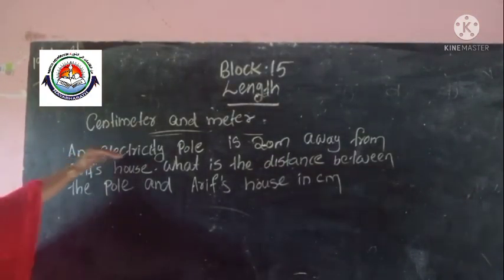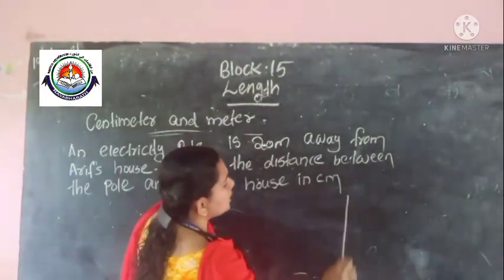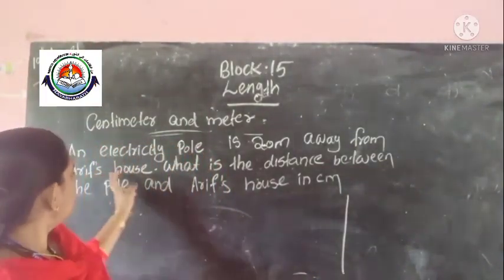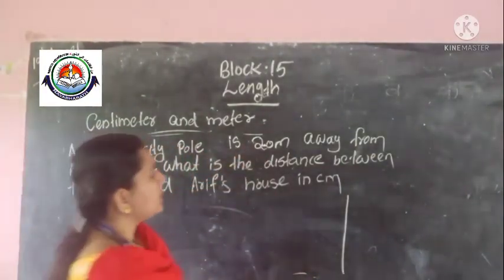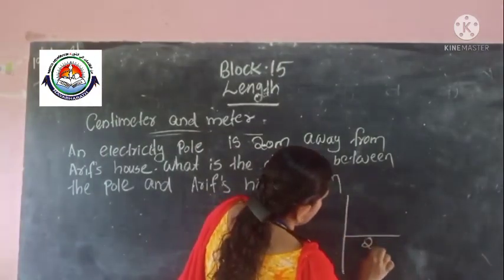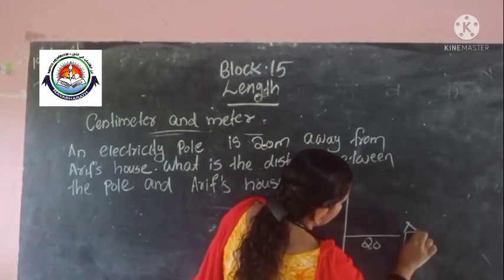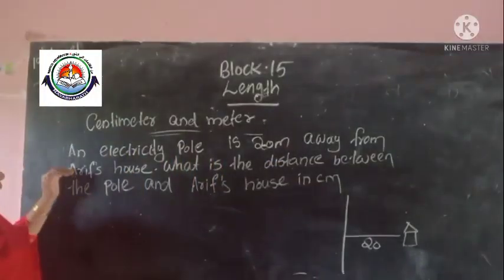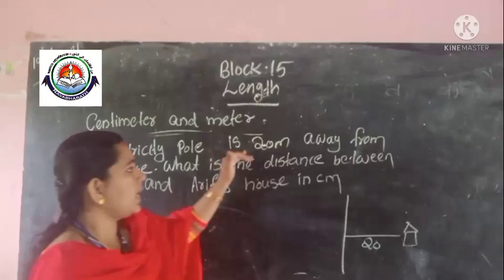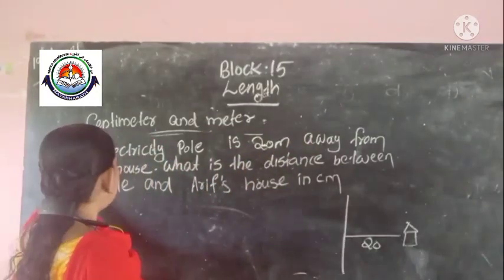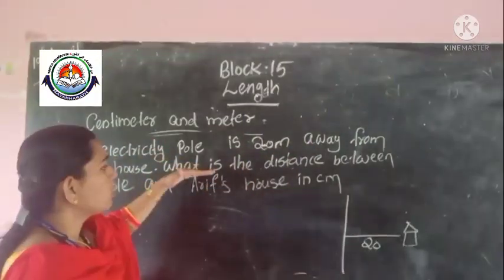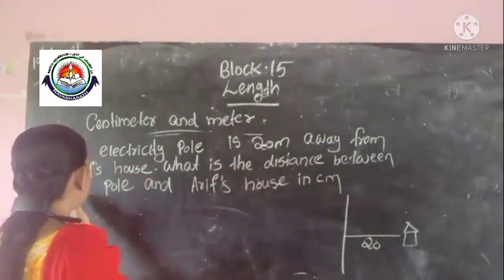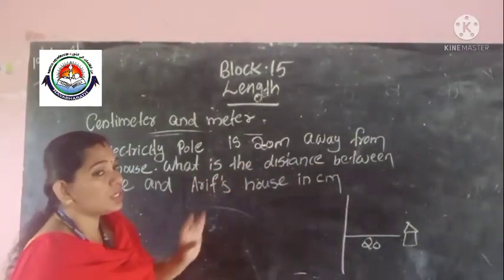So an electricity pole is 20 meter away from Arif house. Now you draw this. Okay, just for understanding only I just draw it. An electricity pole is 20 meter away from Arif house. What is the distance between the pole and Arif house in centimeters?